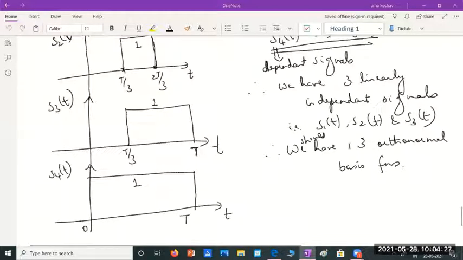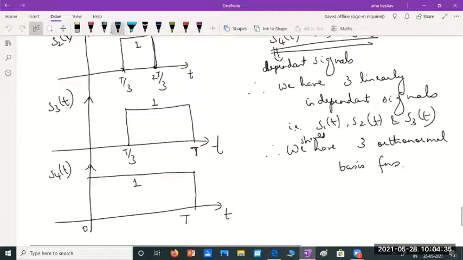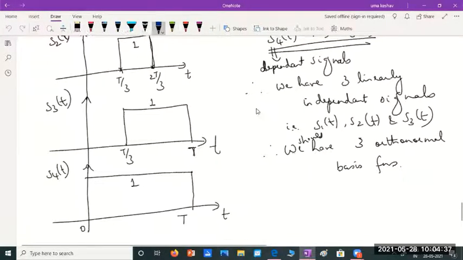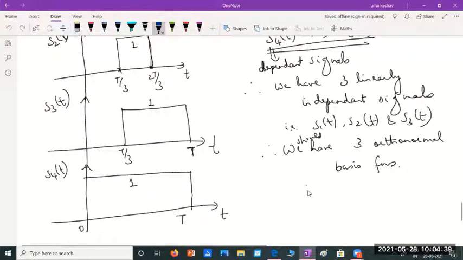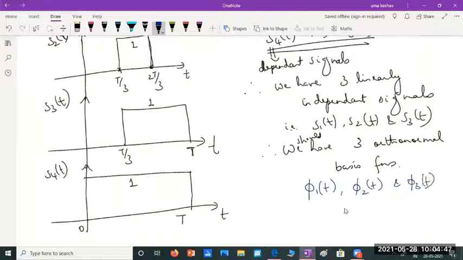So let's consider the 3 orthonormal basis functions, phi1, phi2 and phi3. We have to find these 3 basis functions using what?